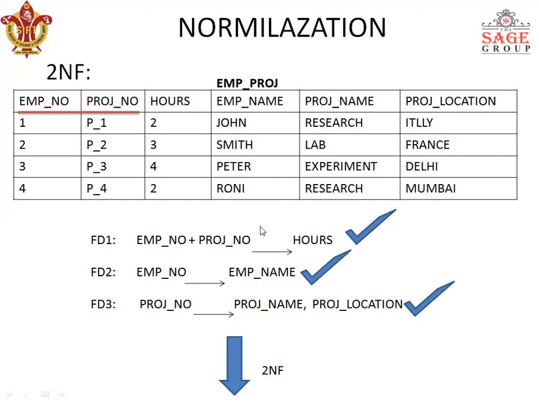So with the removal of project number, or of employee number, does the dependency hold? No, because hours cannot be identified with only project number or only employee number. So these three functional dependencies are okay.